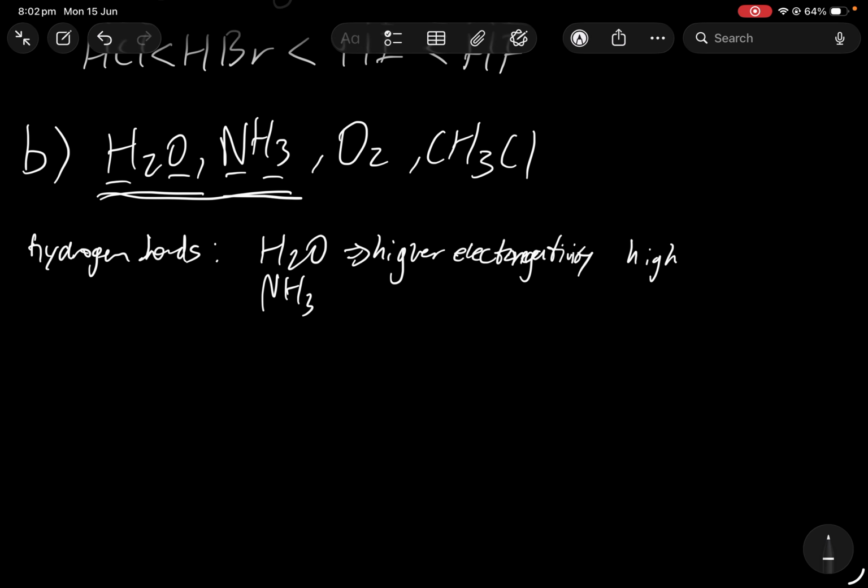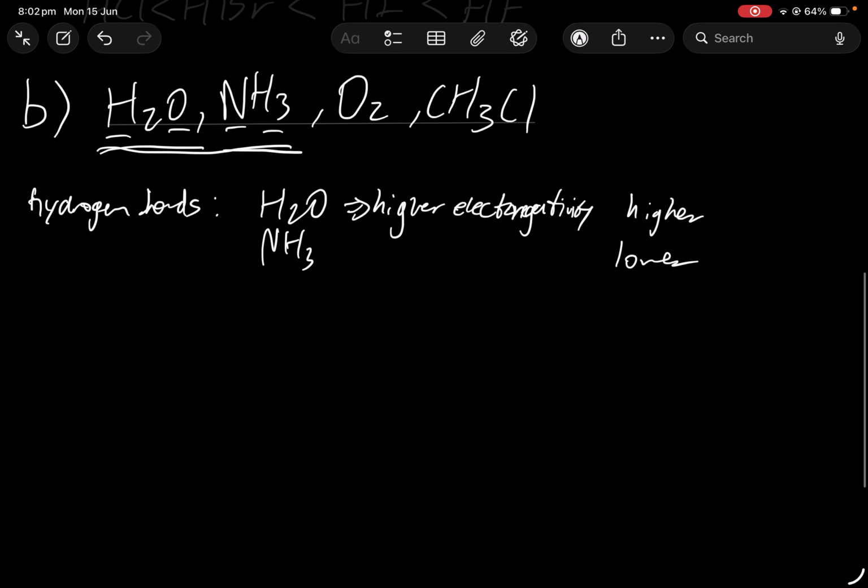This will be higher, this will be lower, because it has a lower electronegativity. I'm not writing the whole thing.